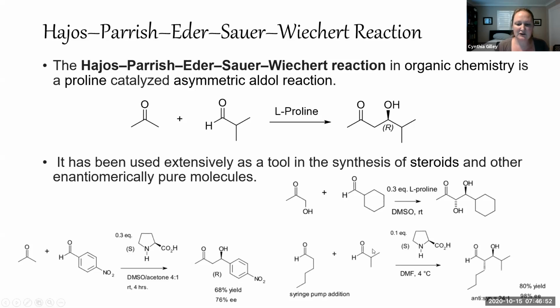Again, there is a hydrogen here, so you have the possibility of forming an enamine with isobutyraldehyde instead of with acetone, but the reason why that's unsuccessful is because of the bulkiness of the isopropyl group and the unlikelihood that this then acts as the nucleophile in the reaction.